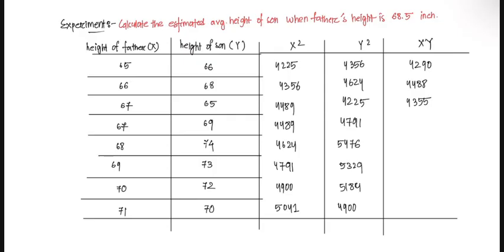Then 67 multiplied by 69, 4623. 68 multiplied by 74, 5032. 69 multiplied by 73, 5037. 70 multiplied by 72, 71 multiplied by 70.